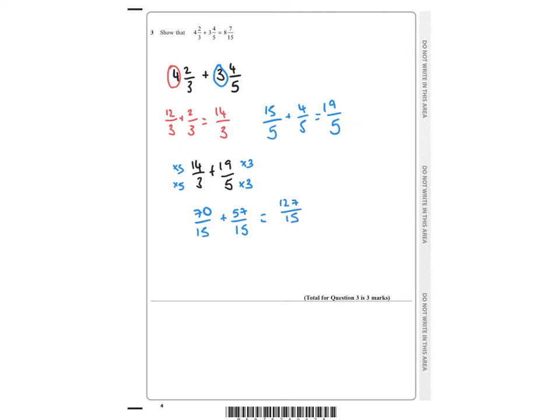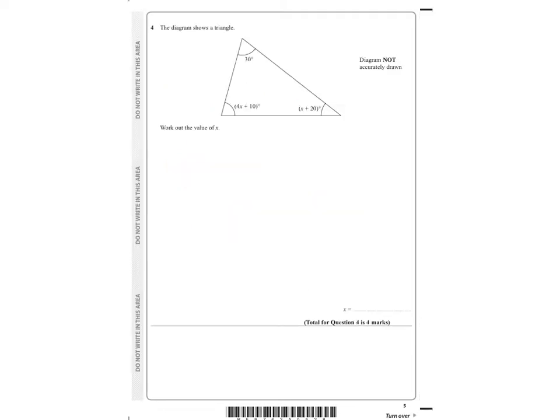I'm then going to divide 127 by 15, which gives me 8. And 8 times 15 is 120, so that means I have remainder 7 over 15. And that's how we can show that the fraction equals 8 7/15.